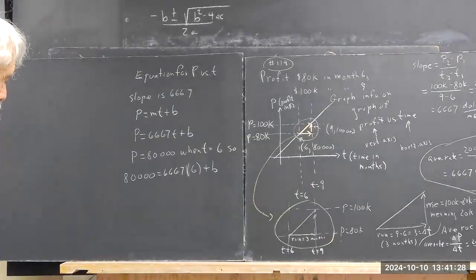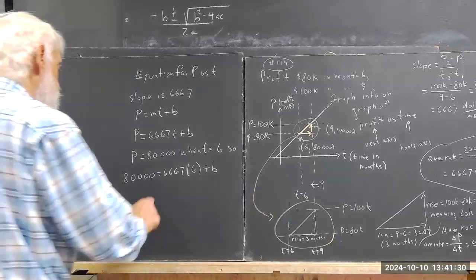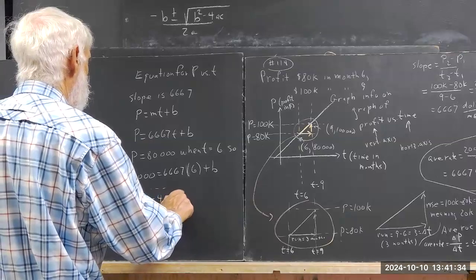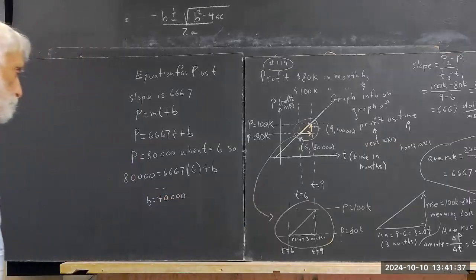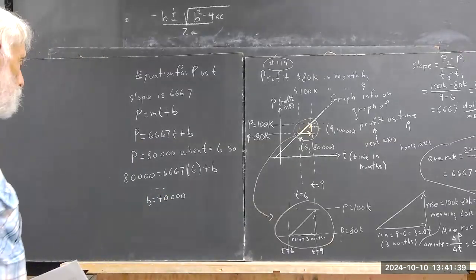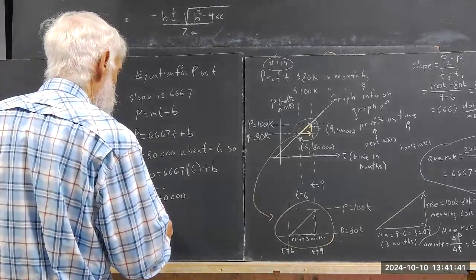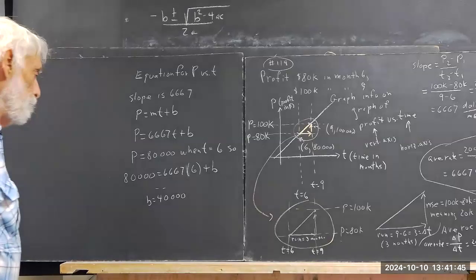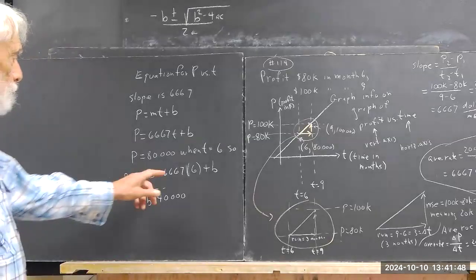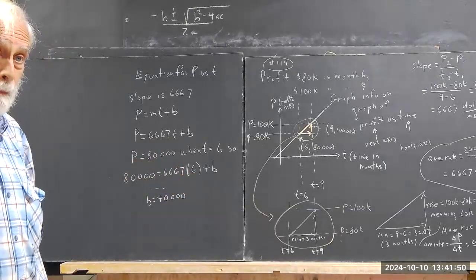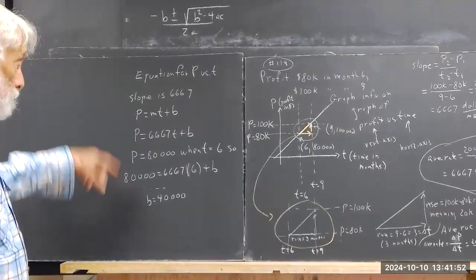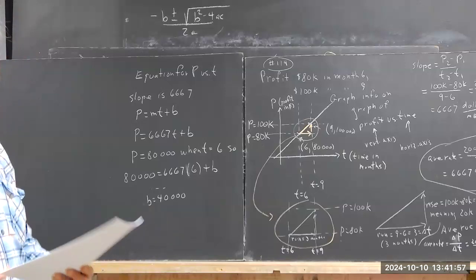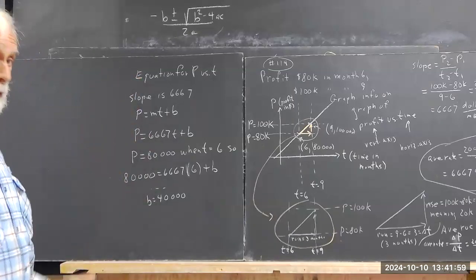We solve for b and we get, no, I think it'll be 50,000. Wait a minute, that's 30. No, that's 45. Multiply this by this, you get about 40,000. And then subtract that from 80,000, you get this, and that's very straightforward.